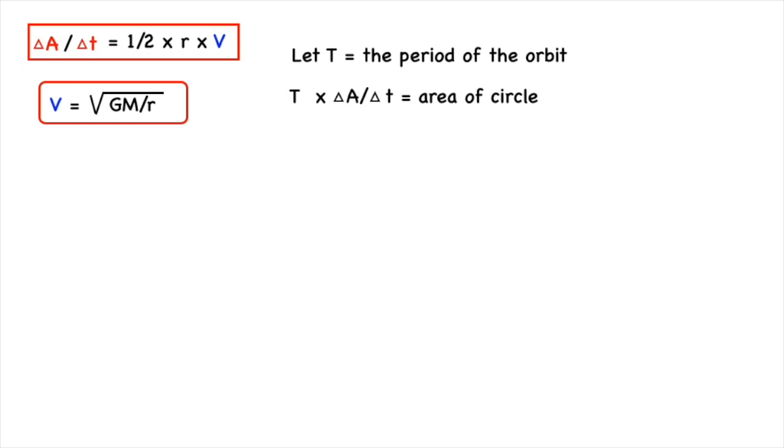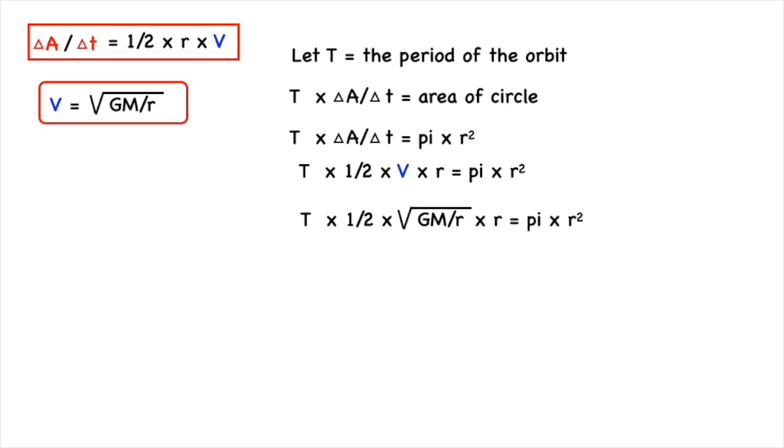It follows logically that t times the area swept out per unit time equals the area of the entire circle. And the area of a circle equals pi times r squared. Here I've substituted our expression for delta A divided by delta t. And here I've substituted our expression for v.